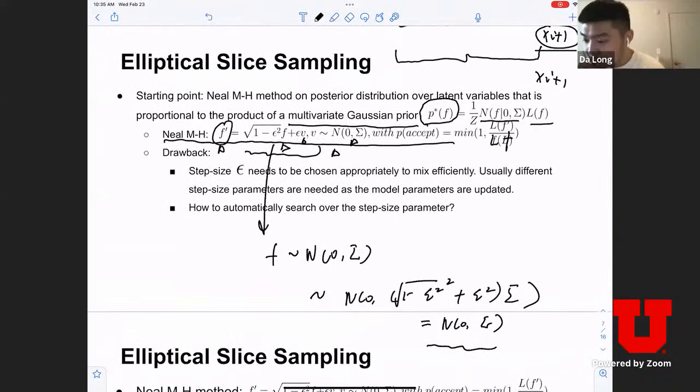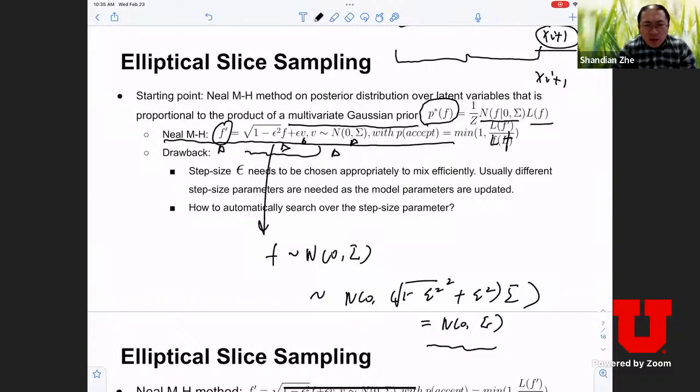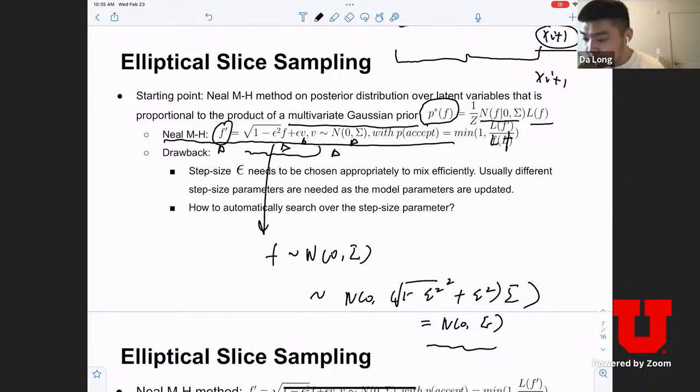Starting from F prime, you jump to F. Or in another way, you start with F and V to get F prime, and the likelihood is essentially the weighted summation of F and V. Yes, that might be correct, because F is also a random variable, so it has the normal prior distribution. That's why I added them together.